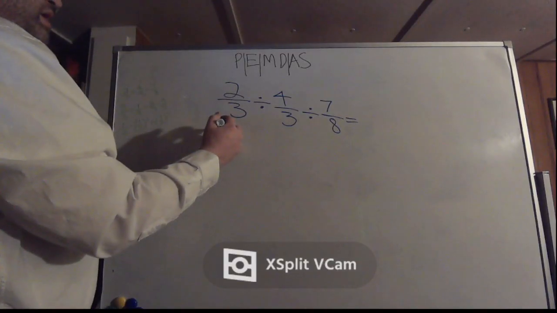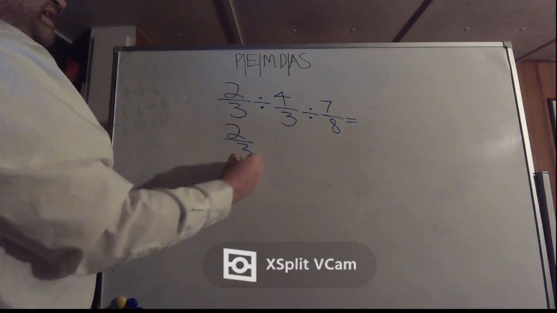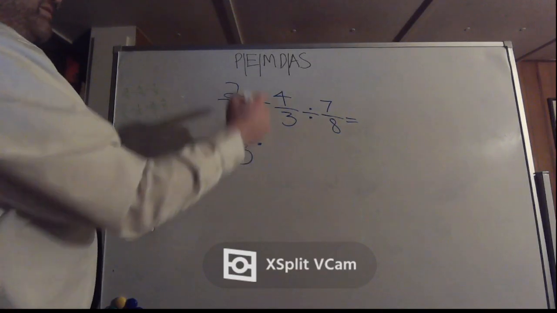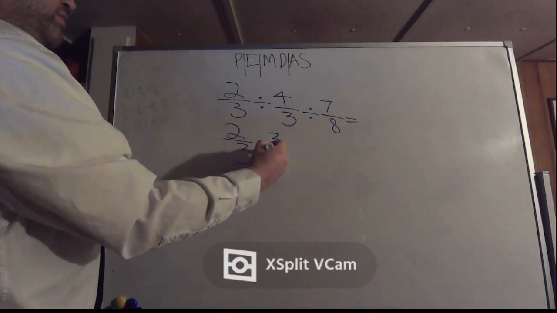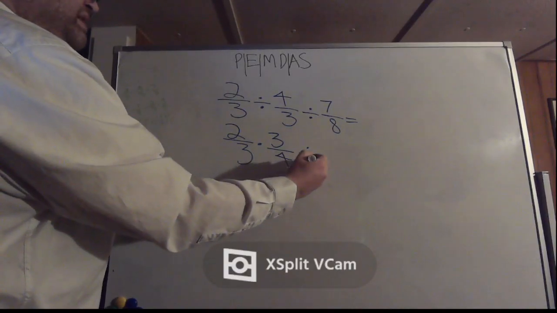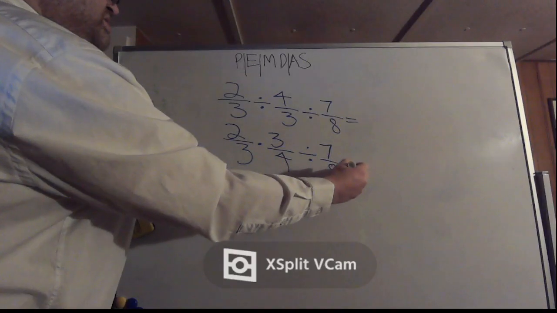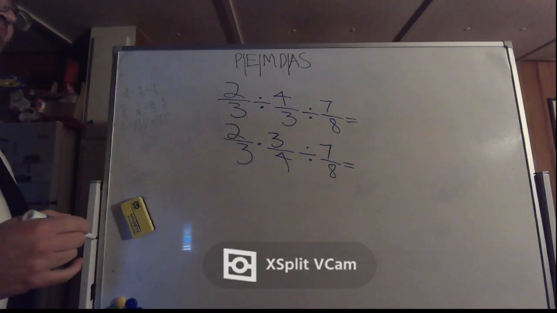So when we divide by a number, again, that's the same as inverting and multiplying, so that 4/3 will become 3/4. Then we'll just write divided by 7/8 for good measure, just to keep the numbers together.